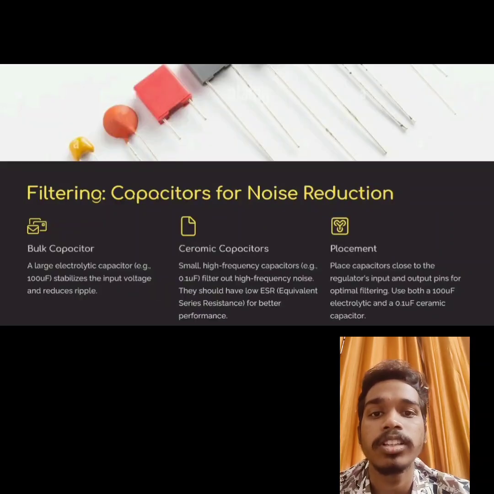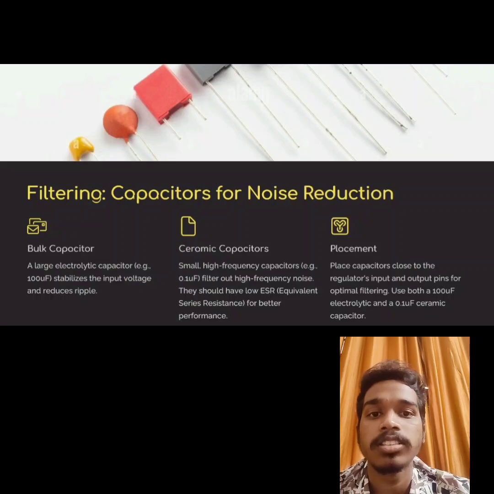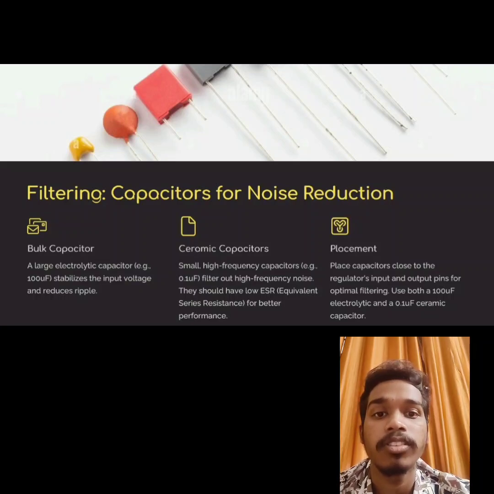So my fifth is filtering capacitors for noise reduction. First is bulk capacitor, a large electrolytic capacitor, for example 100 microfarad, to stabilize the input voltage and reduce ripple. Second is ceramic capacitor, a small high frequency capacitor, for example 0.1 microfarad, to filter out high frequency noise.